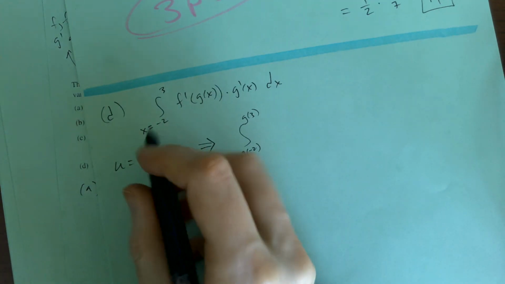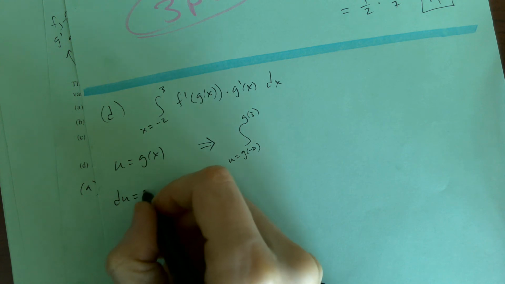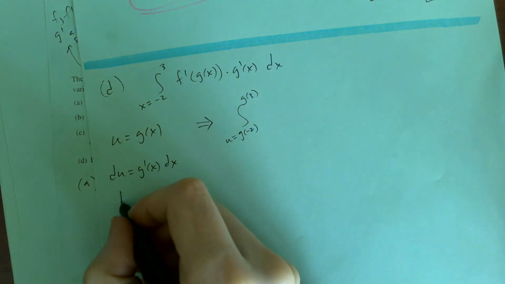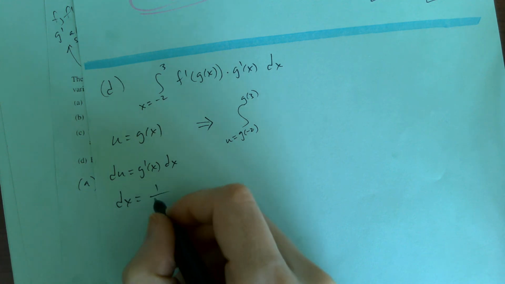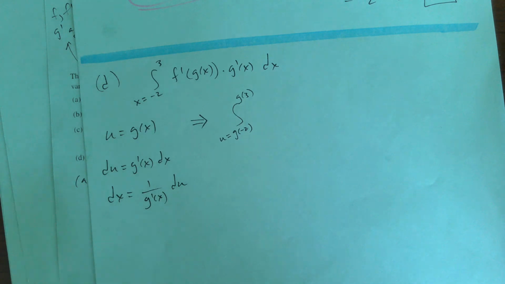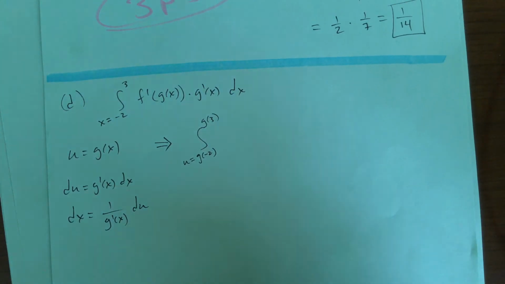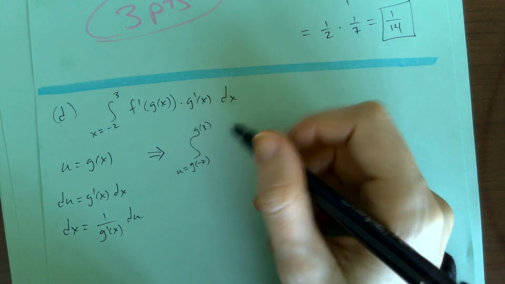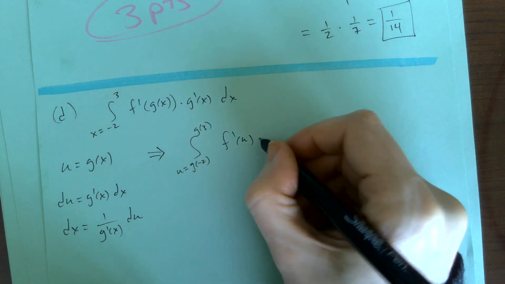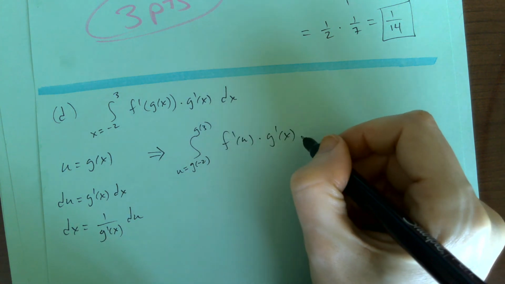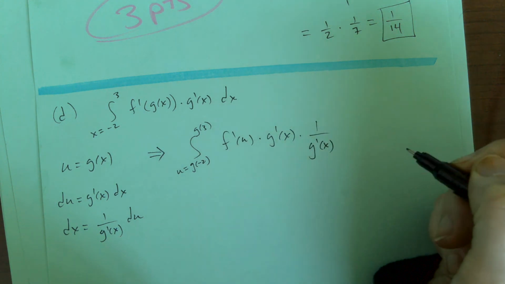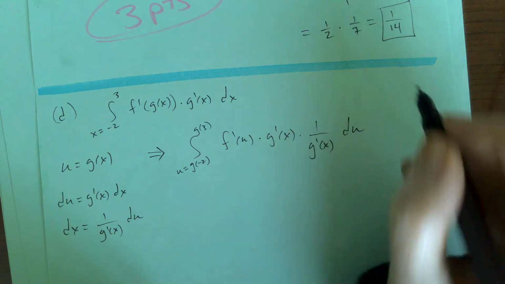Okay, now we'll take the derivative. So du equals g prime of x dx. So dx is 1 over g prime of x du. So now this is f prime of u times g prime of x times 1 over g prime of x du.